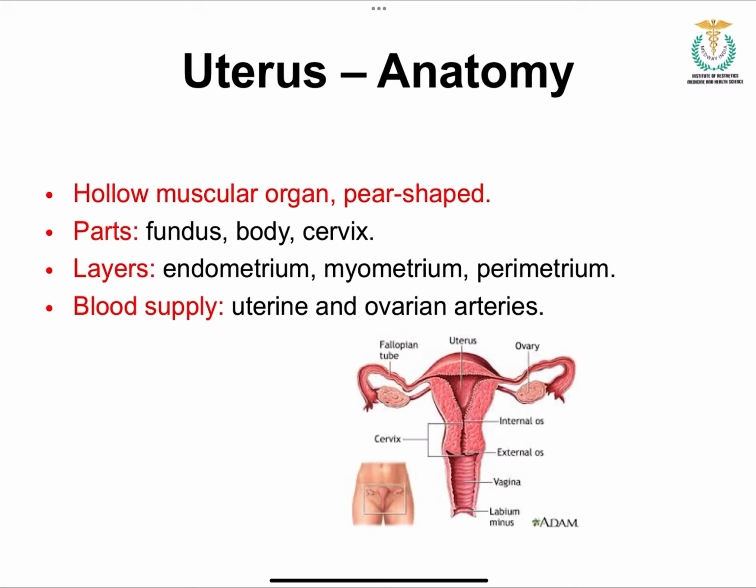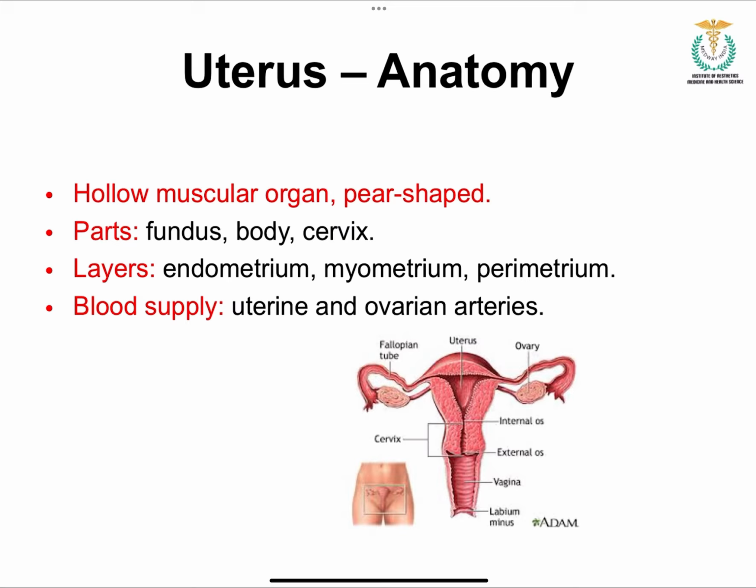Talking about the anatomy, it is a hollow muscular organ, pear shaped, as you can see in the picture below. There are three parts: fundus, body, and cervix. And there are three layers: endometrium, myometrium, perimetrium. The blood supply is through the uterine and ovarian arteries. So these are all the important points of the anatomy of the uterus.